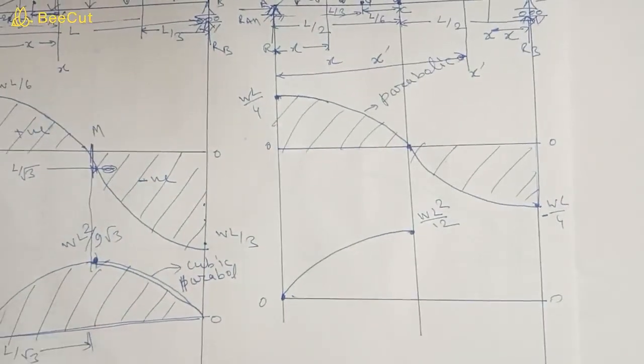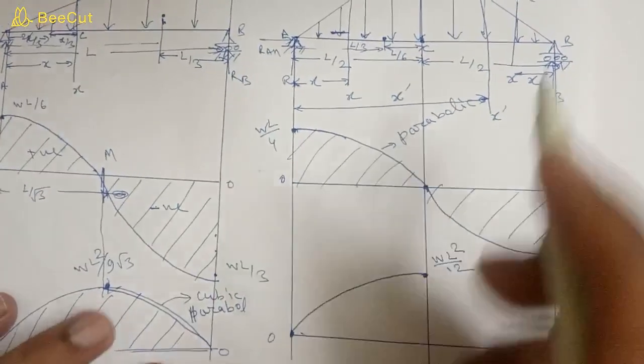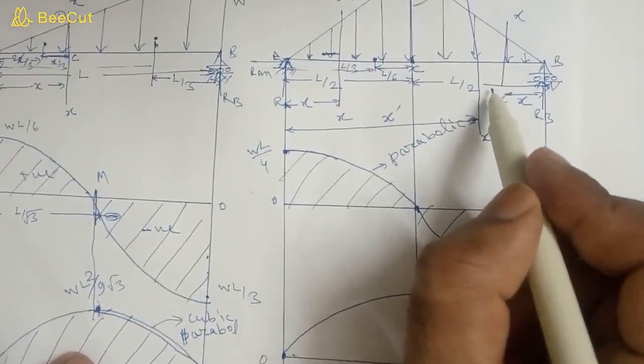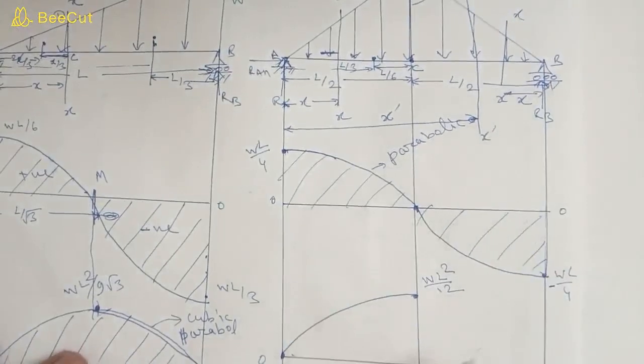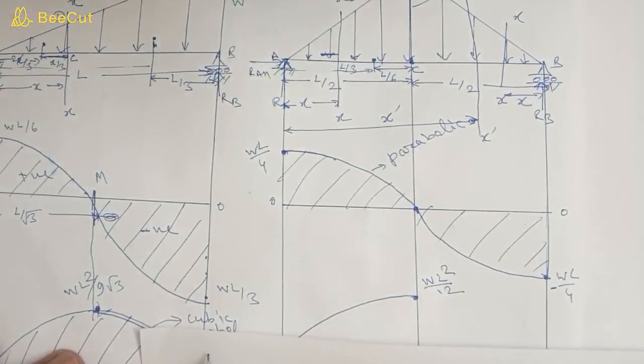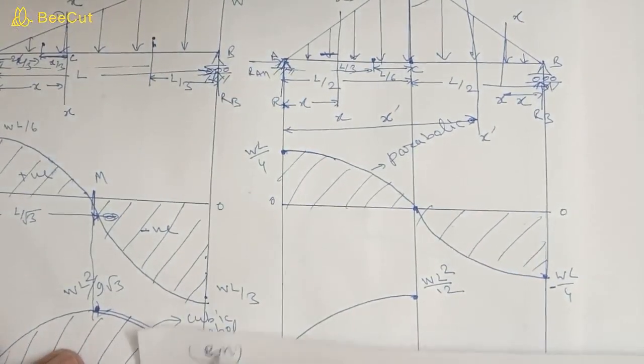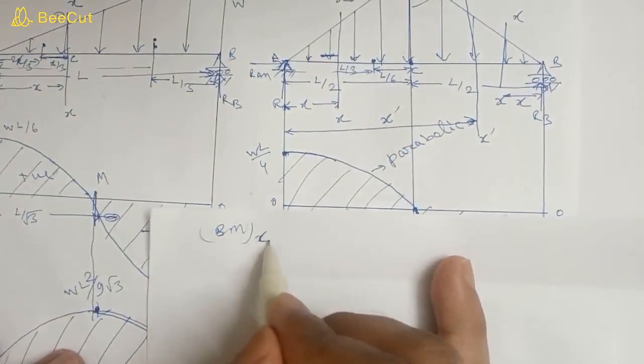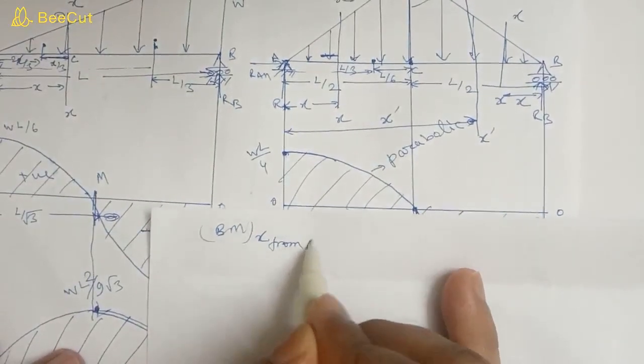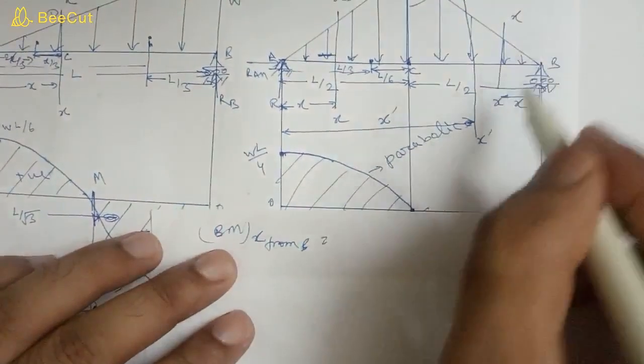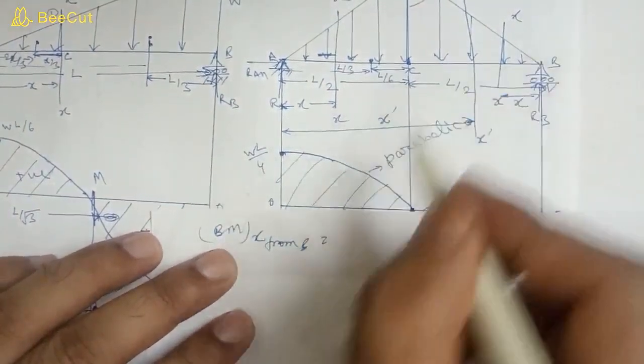So let's calculate. Suppose we are taking a section at x distance from the right hand side. So the bending moment at x from B is, this is WL by 4, this is causing sagging, so this will be positive moment.